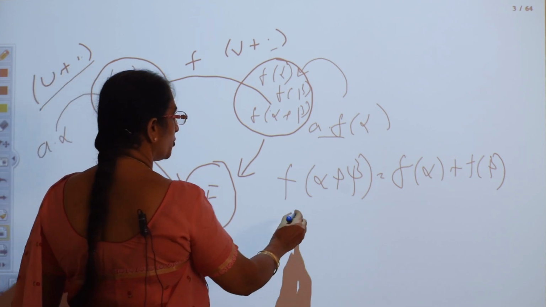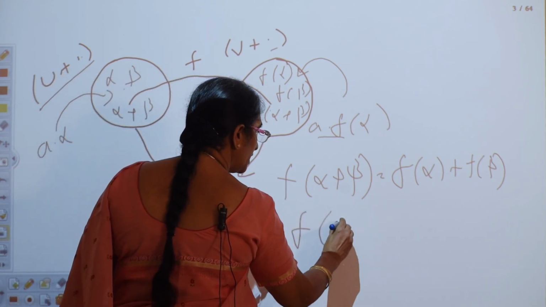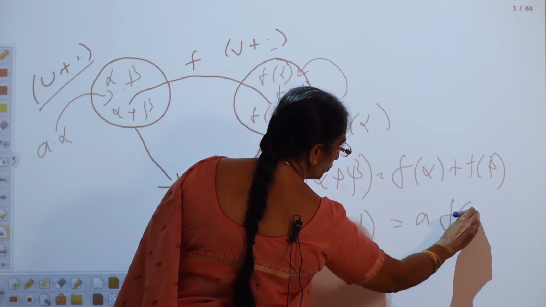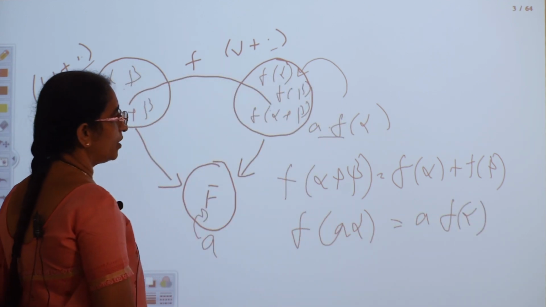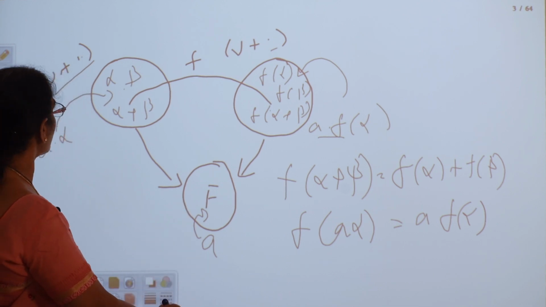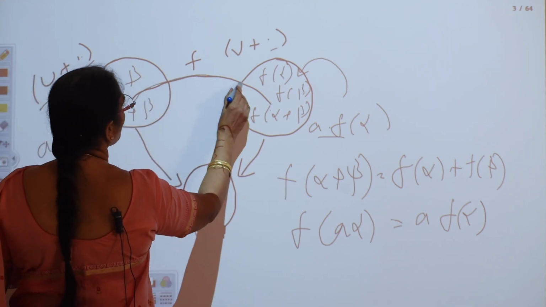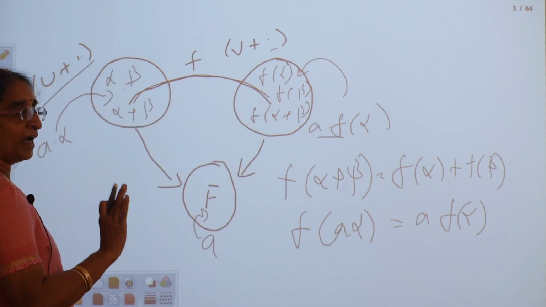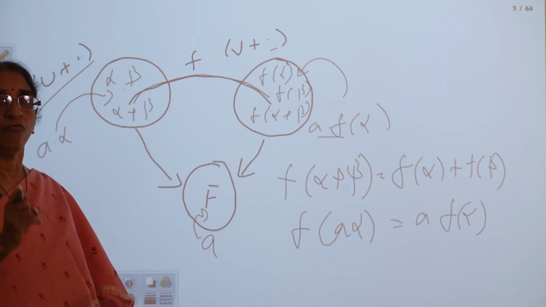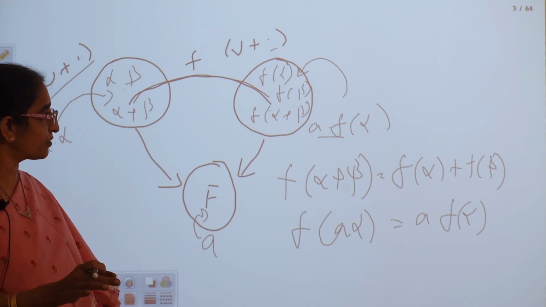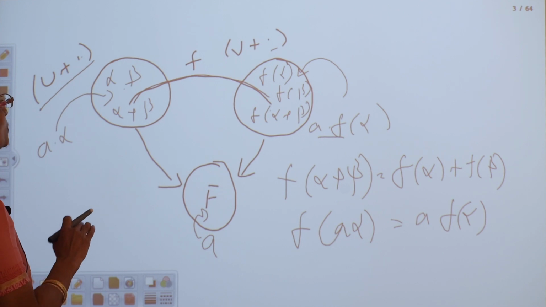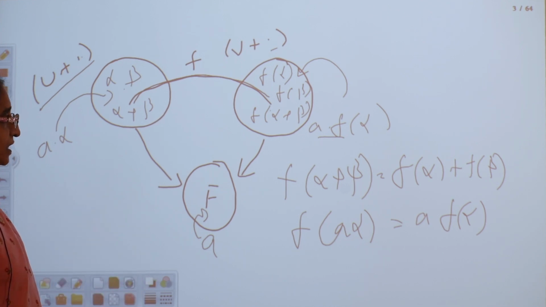What is the second property? f of a alpha should be equal to a into f of alpha. Now, if these two properties are satisfied by the mapping f, which is defined from U to V, then that mapping is said to be a vector space homomorphism or linear transformation from U to V. f is a linear transformation.